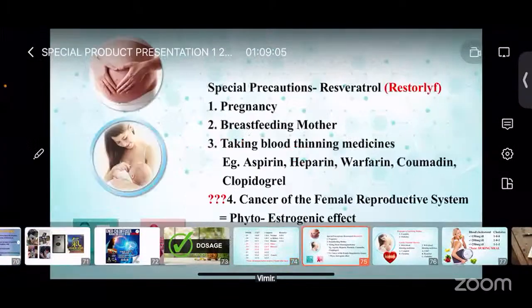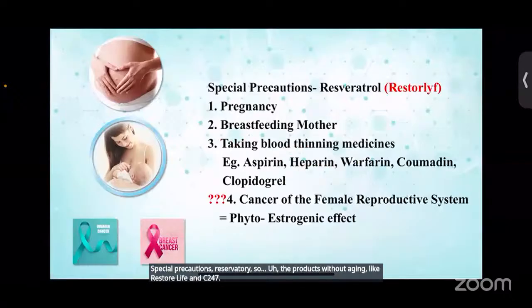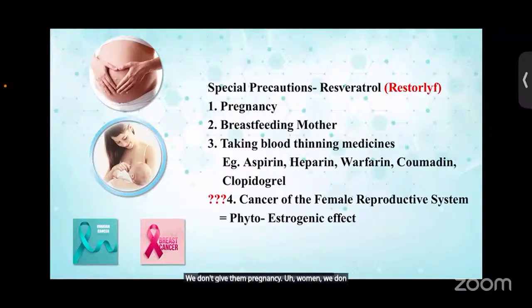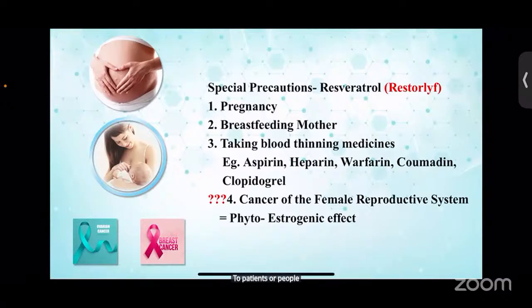And again, special precautions, resveratrol. So the products with anti-aging like Restore Life and C24/7, we don't give them to pregnant women. We don't give to breastfeeding mothers. We don't give to people who are taking blood thinning medicines like aspirin, heparin, among others.